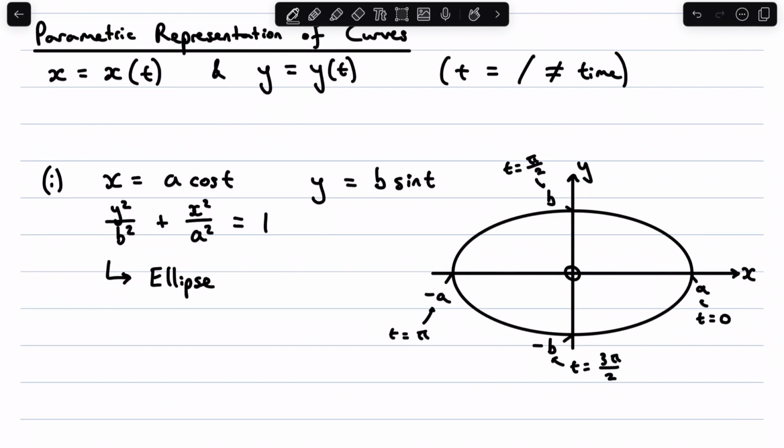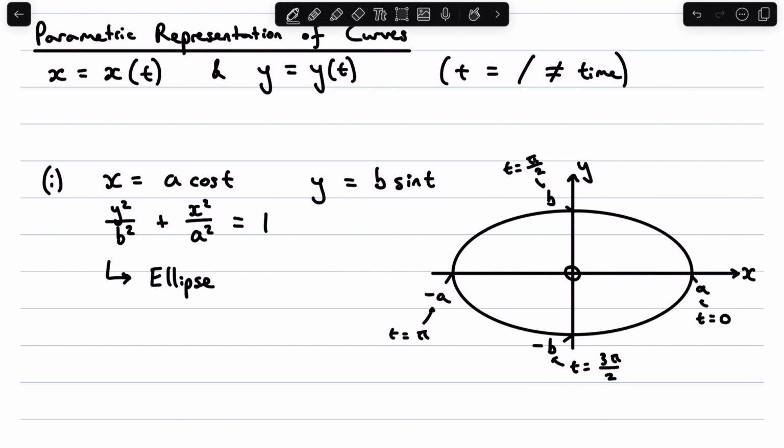So as you can see, this is what an ellipse looks like. You may be familiar with it, and if we just look at when we are going to be crossing each axis, we're going to cross the x-axis at a and minus a, and how do we get a or minus a? It will be when cos t is 1 or minus 1, which would result in sine t being 0.